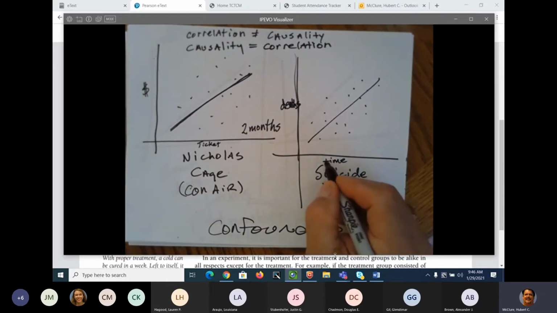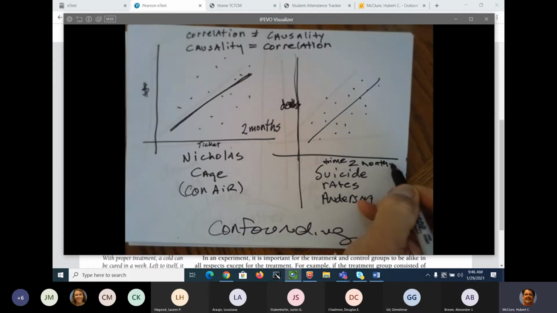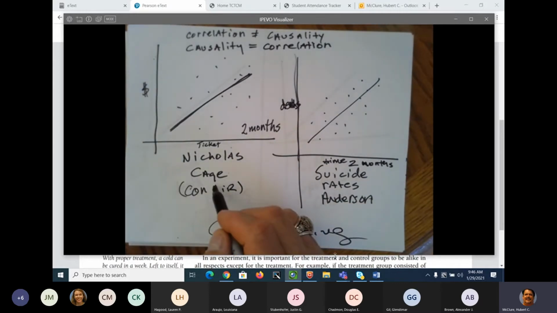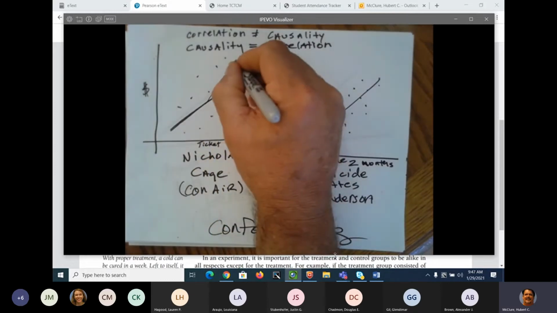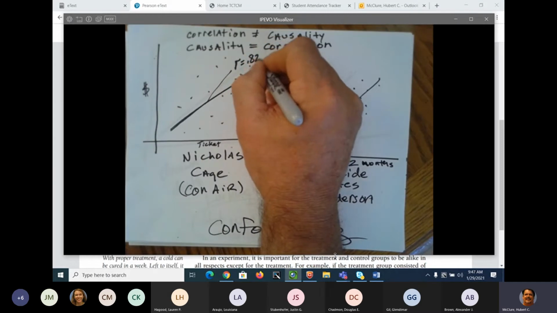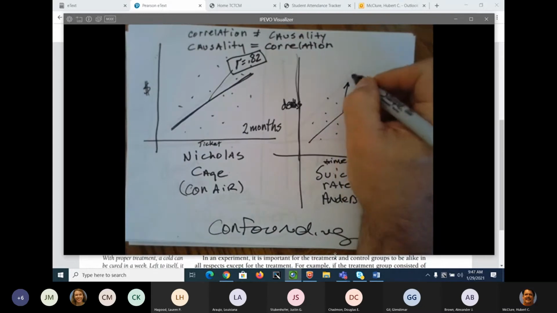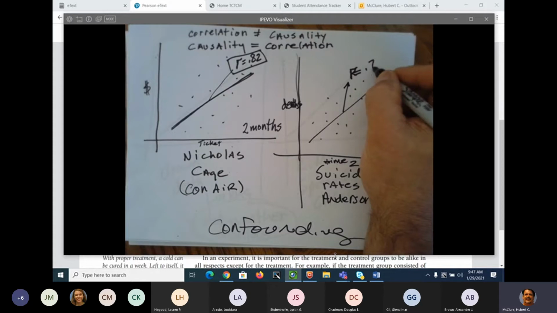I'm sorry. This is number of deaths, and this is time in the last 2 months. And I go to the hospital to get this information, and I work at Amstar 14. Well, I have a correlation here. R is equal to 0.82. And I've got a correlation here that R is equal to 0.79.